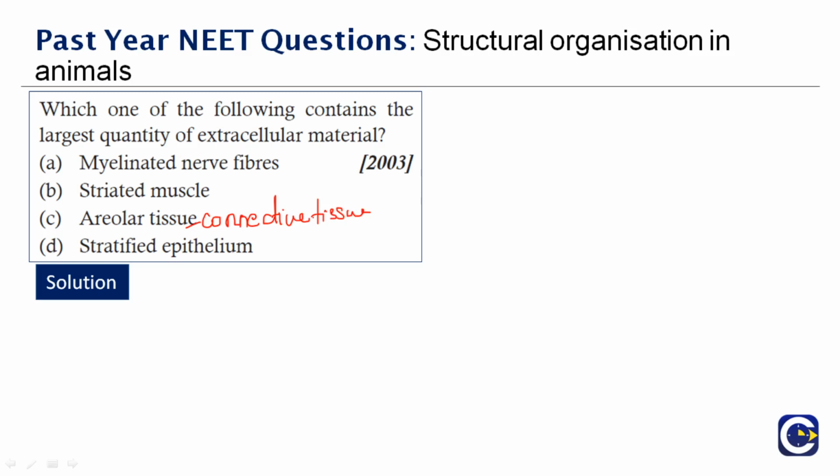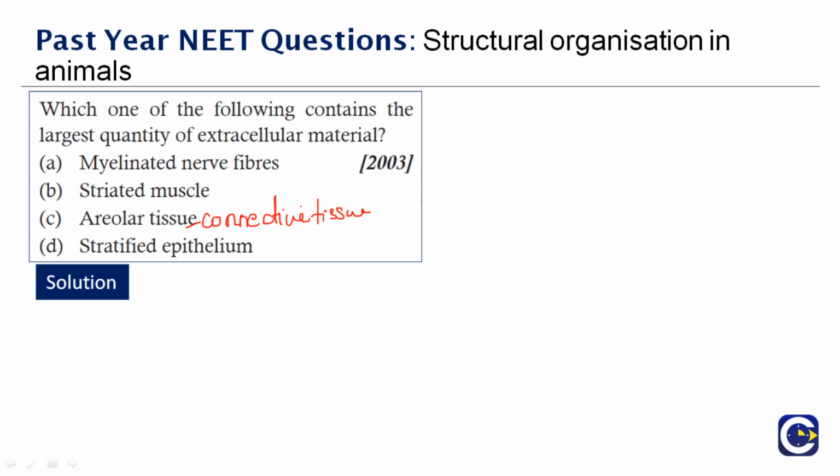It has a large amount of ground substance, that is the extracellular material, and it possesses rich blood and nerve supplies. It spreads extensively throughout the body under the skin and epithelia, in between and around the cells, muscles, nerves and blood vessels, and also in the submucosa of respiratory and gastrointestinal tract.